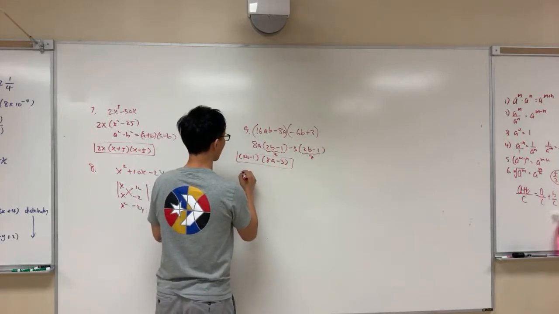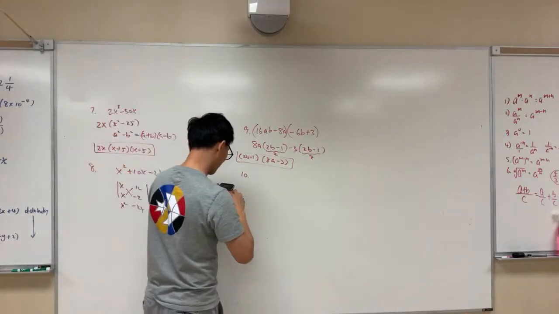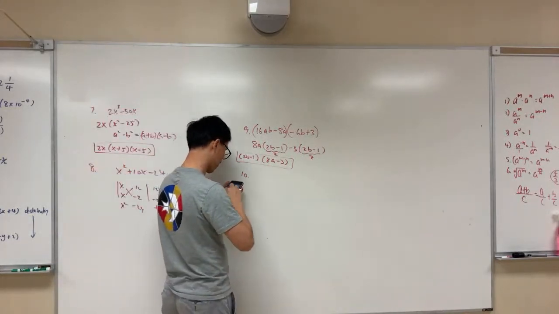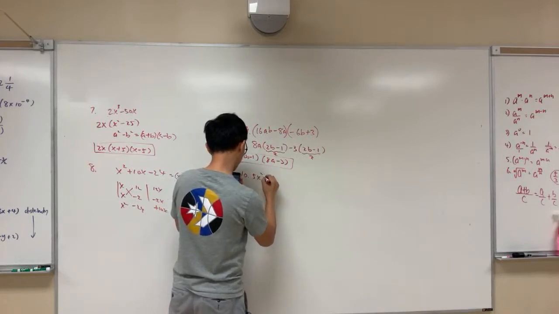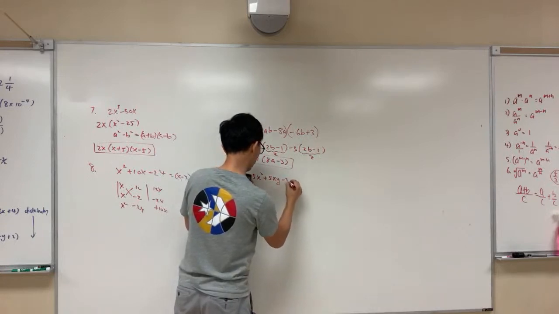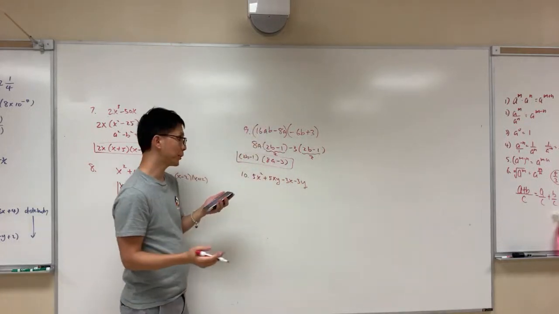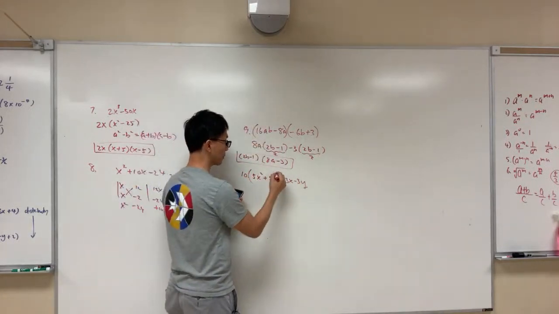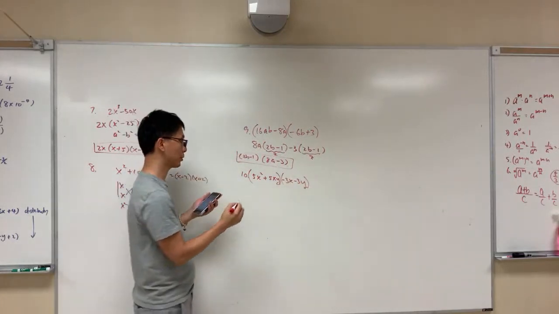Okay, so 10. Question 10 is very similar, so let's look at question 10. Question 10 is 5x squared plus 5xy minus 3x minus 3y. Again, it's a four term. For some people, the four term is their favorite. Sometimes, the four term is something they don't know what to do with.